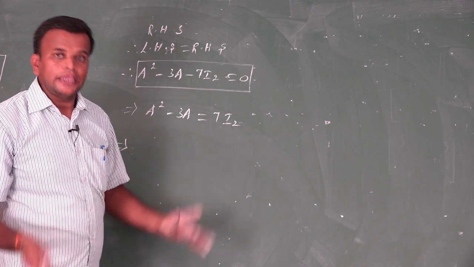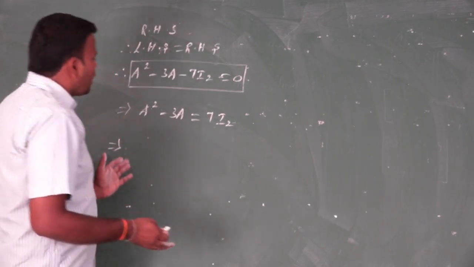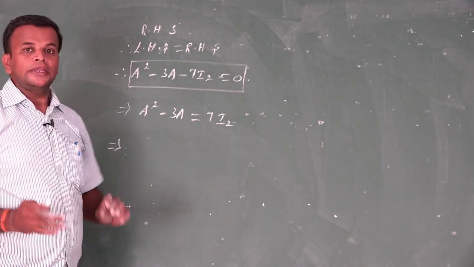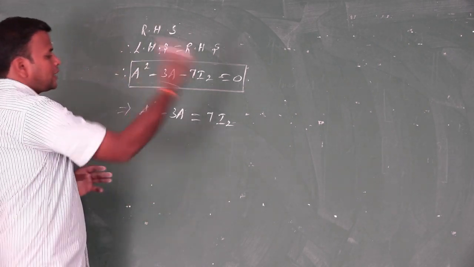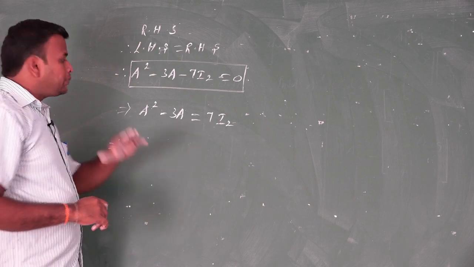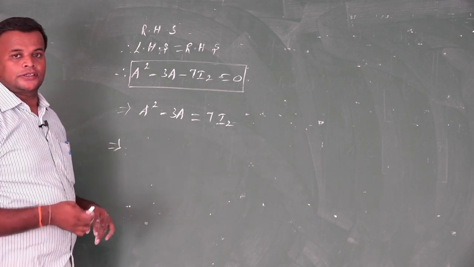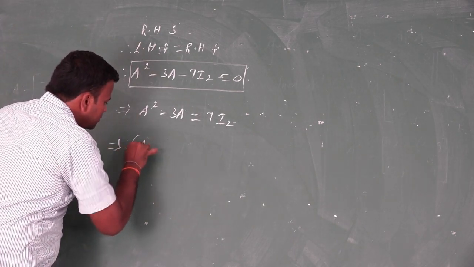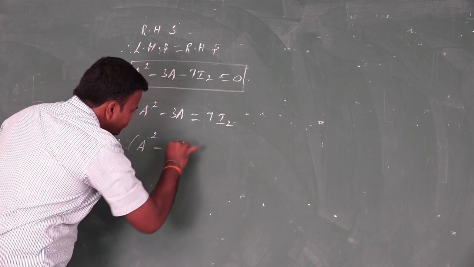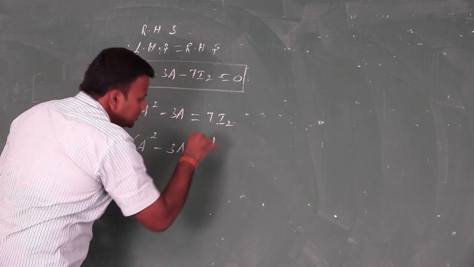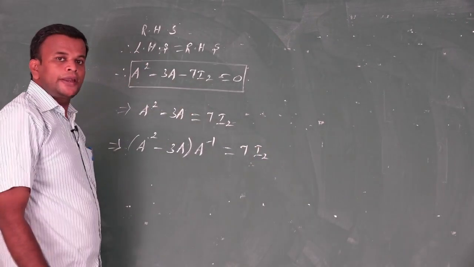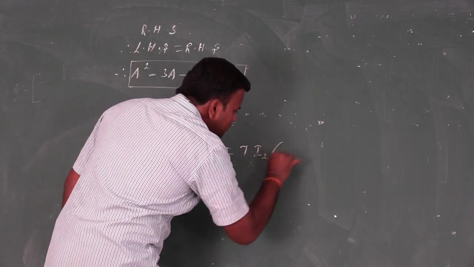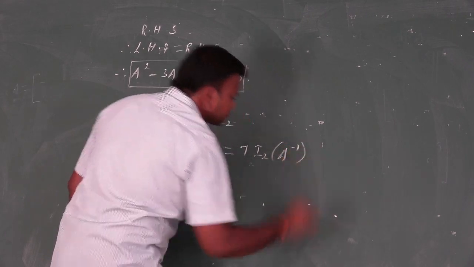Next, we find A inverse. So I post multiply A inverse on both sides. Post multiply means right hand side. Pre multiply means left hand side. So A square minus 3A into A inverse is equal to 7I2 into A inverse.